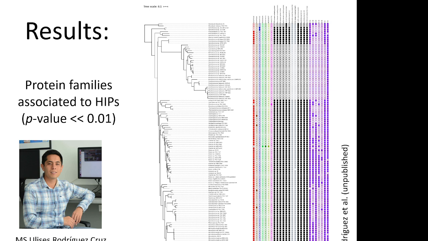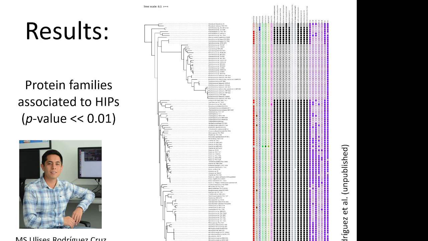The results are from my previous student, Ulises Rodriguez, who is now part of Delaye and Luis' group. And here you have the phylogenetic tree of cyanobacteria, and here you have the names of the species of cyanobacteria. Then in the first 6 columns, of course you may not see this, but well, we classify cyanobacteria as having or not having a highly iterated palindrome.